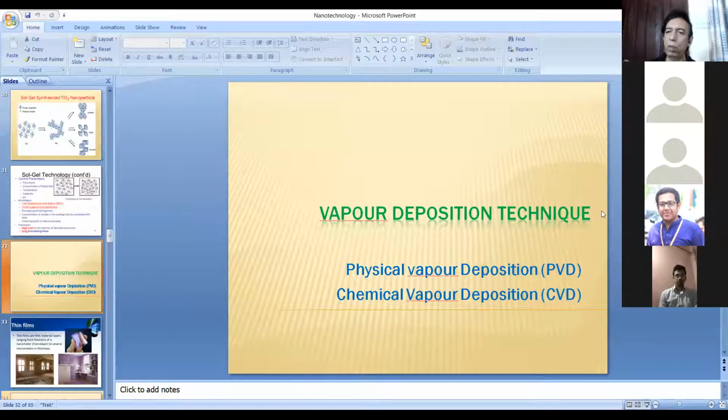That is known as Vapour deposition technique. These are of 2 types. One is physical Vapour deposition, and another one is chemical Vapour deposition.